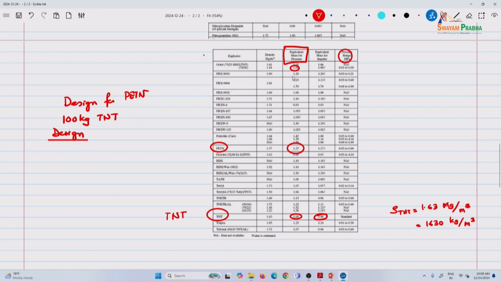If I bring that, it is 1.23, I think. So the design PETN is 1.23 times. So you'll go with 123 kilograms of PETN. So those are the charts out here.